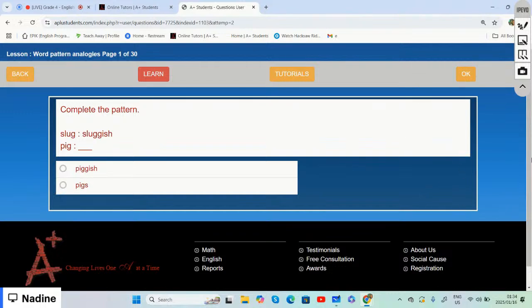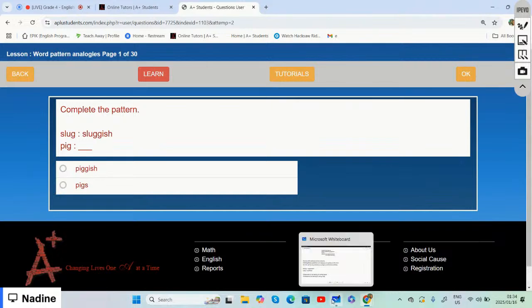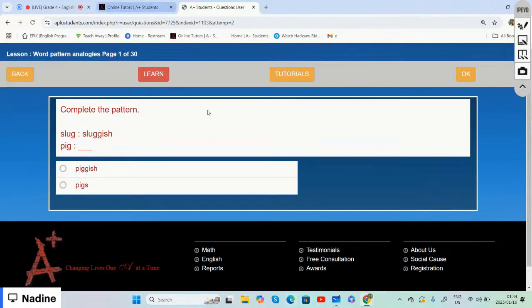We have slug, right? And remember, we said that whatever we do to the one, we do to the other if we are adding our specific suffixes, right? So over here, it looks like they're adding ISH. So slug.